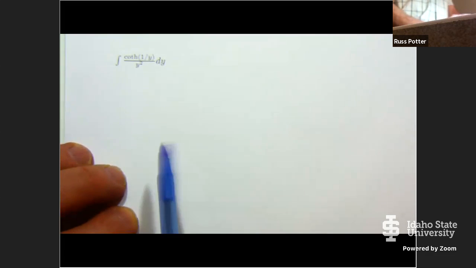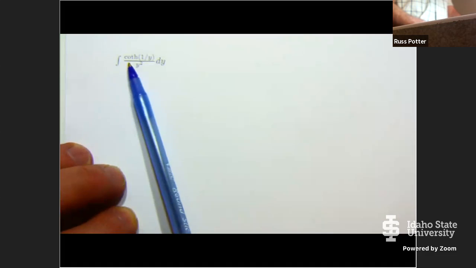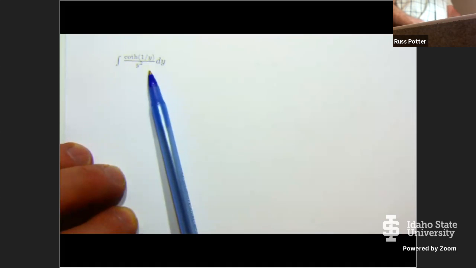It's not a typographical error. Is it hyperbolic cotangent? Yep. No, we don't see that very often. Okay, but in the numerator, we have the hyperbolic cotangent of 1 over y.